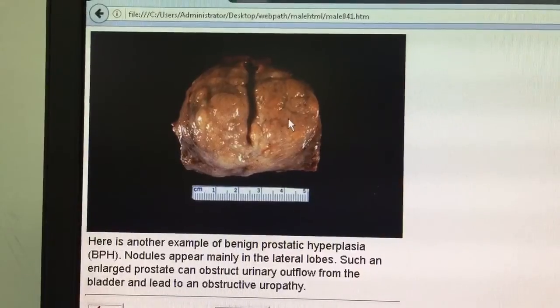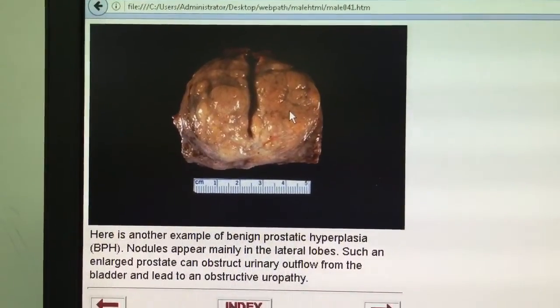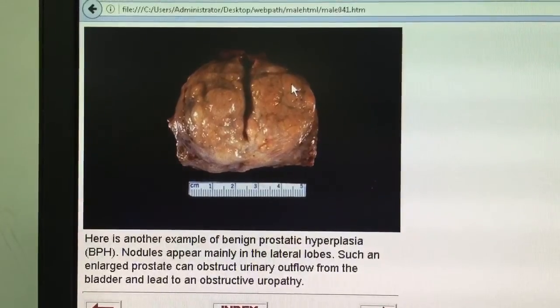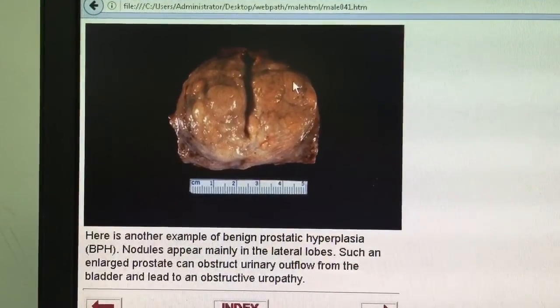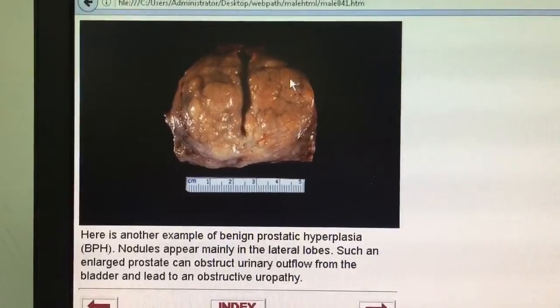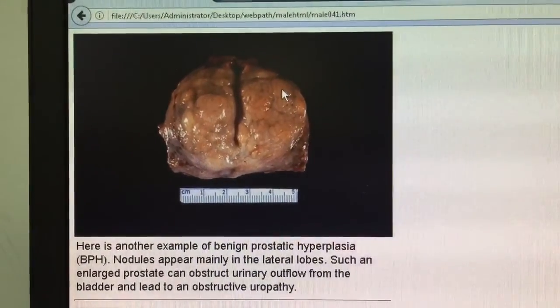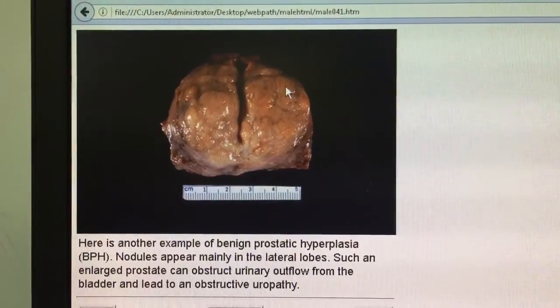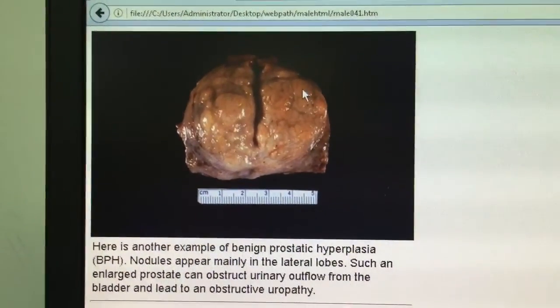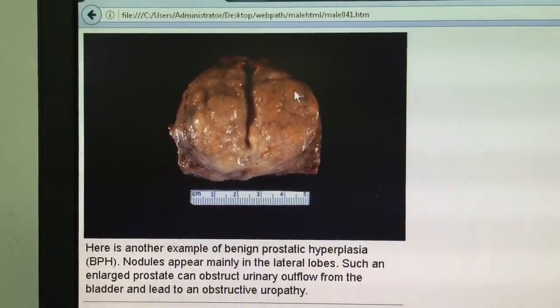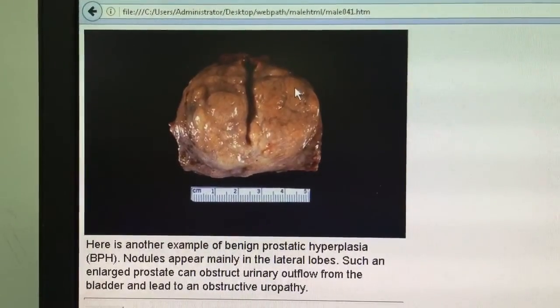So it's nodular prostatic hyperplasia, and it involves the whole gland. Why hyperplasia? What does hyperplasia mean? An increase in the number, of glands or of stromal cells. So this is hyperplasia.